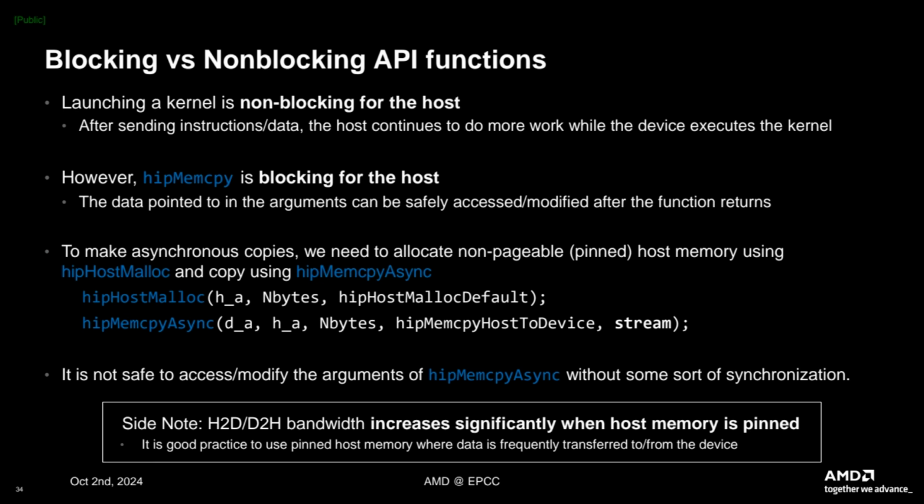Yeah, so for what concerns discrete GPUs, using pin memory can be very beneficial if you are going to be doing frequent host to device and device to host switches. For MI300A with the APU, the benefits of using heap host malloc will be reduced compared to the discrete GPU, since the memory space is the same.